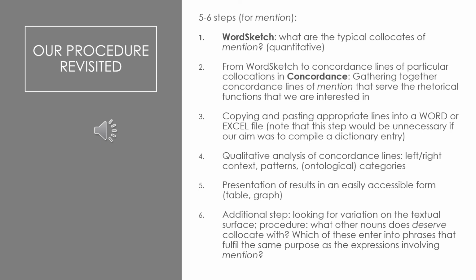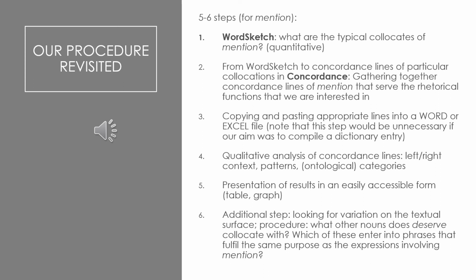Now, there might have been an additional step. If we want to look for variation on the textual surface, the procedure would be, and we actually followed that procedure, to take a verb, for instance, and look at what other nouns that verb collocates with.